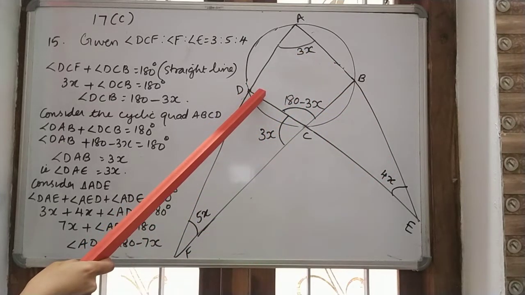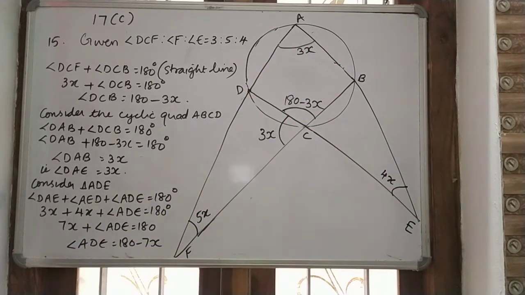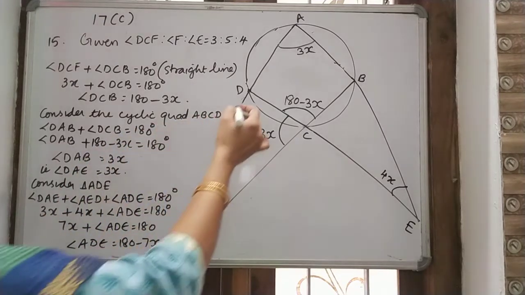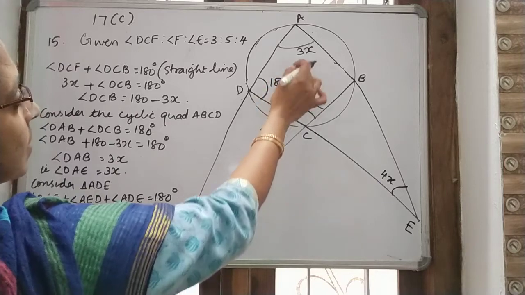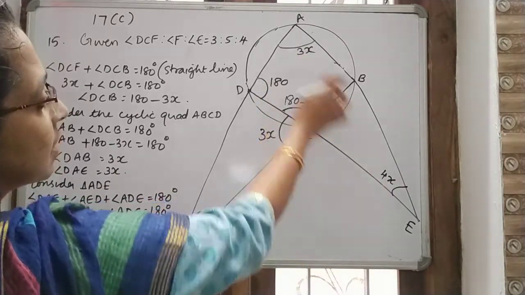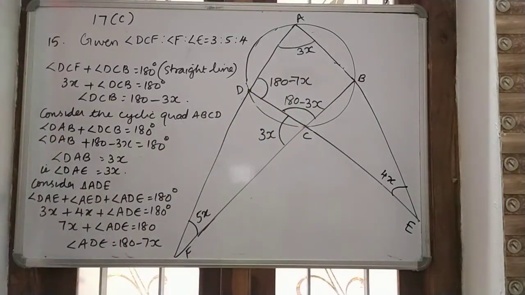So what about angle D? Angle D will be 180 minus the sum of 3x and 4x. 4x plus 3x is 7x. So this angle is 180 minus 7x.